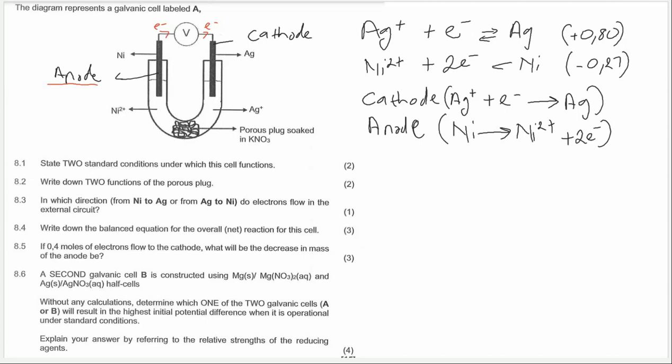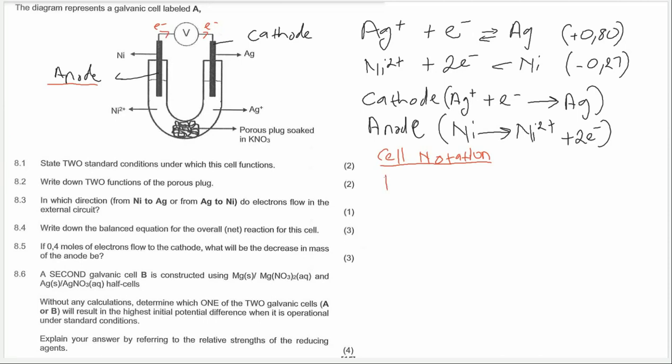Okay, so now that you have identified anode, cathode, and the direction of the electrons, we can do cell notation. In cell notation you start with the anode, followed by the cathode.